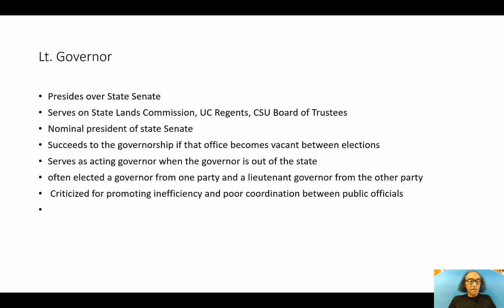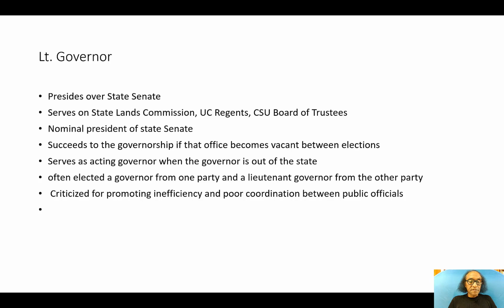The lieutenant governor succeeds to the governorship if that office becomes vacant between elections. So if there should be a recall or a resignation or a death in the governor's office, then the lieutenant governor could serve as an acting governor until the next election.